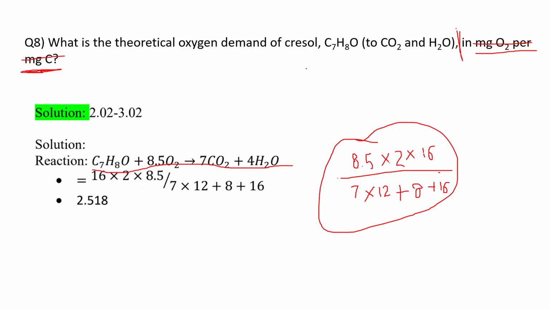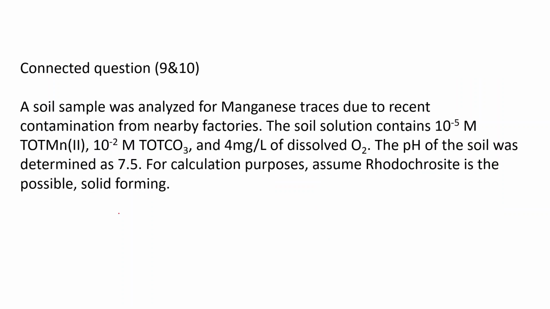Total oxygen required divided by total cresol consumed. That's all. That will be your solution, which is coming as 2.518. So, that will be the correct answer. No need to consider these further parts. So, I hope you have noted down these given points. Then we can move to question number 9.